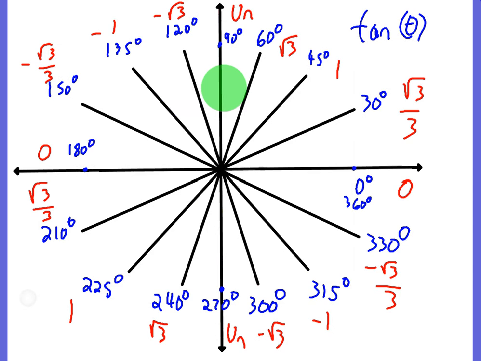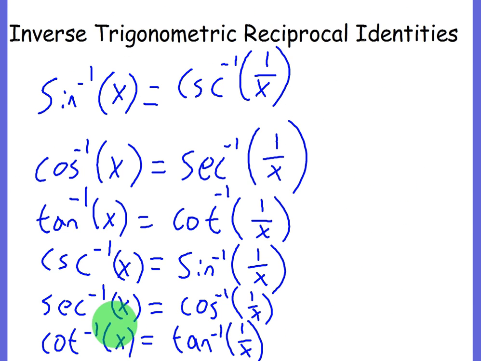So here are the identities going back here. If you want to figure out the inverse of the other three trig functions, you need to know these identities. So say you were going to figure out inverse cosecant of 2 radical 3 over 3. So 2 radical 3 over 3 would be your x value. Well, here's a quick identity that can help you figure that out.